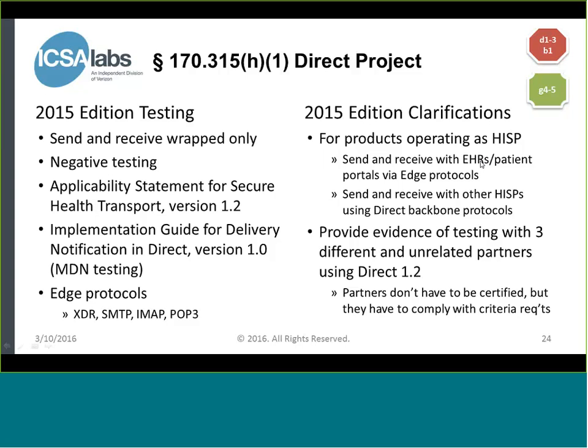They've upgraded to version 1.2 of the applicability statement for secure health transport. Another big area that they've changed is MDN testing, and they're going with the implementation guide for delivery notification in direct version 1.0. The protocols that you would be demonstrating for H1 would be some combination of XDR, SMTP, IMAP, or POP3.